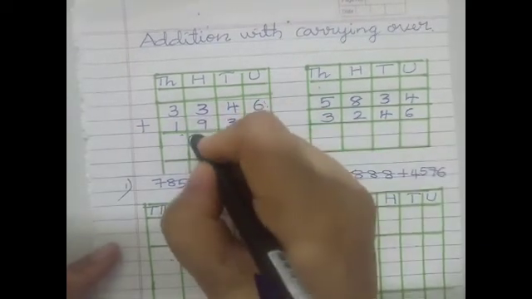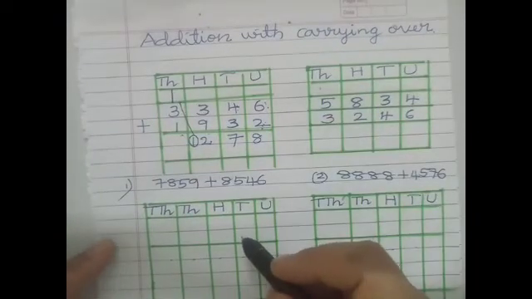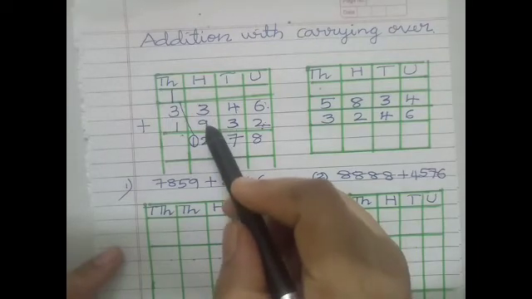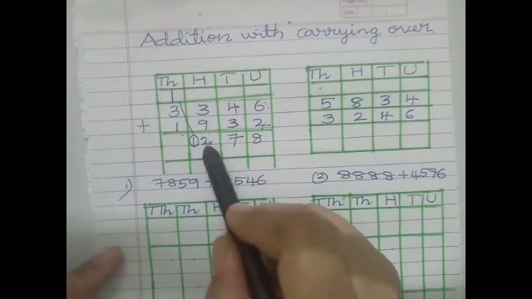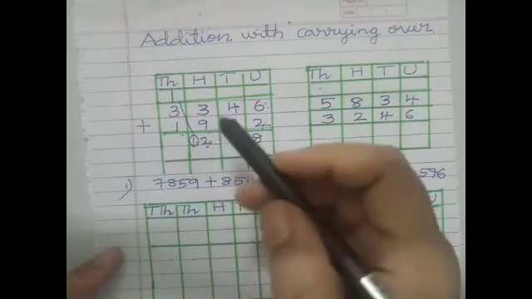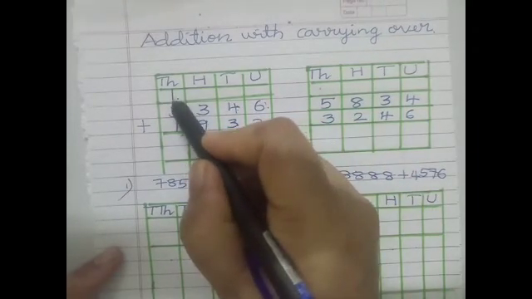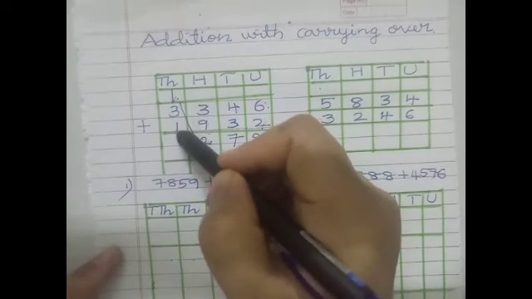So you have to take this to the thousands place. This is how we are showing the carry over, that is 3 plus 9 is 12. It is a 2-digit number, but we are going to write only 2 here and 1 we are going to carry over. So it will go in the thousands place. This number will add to these numbers.